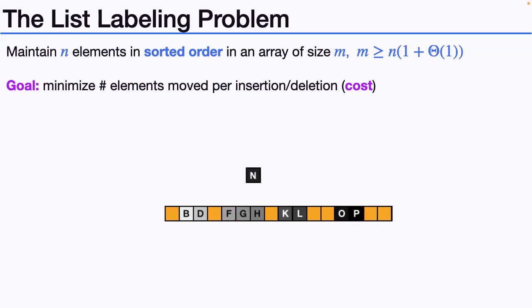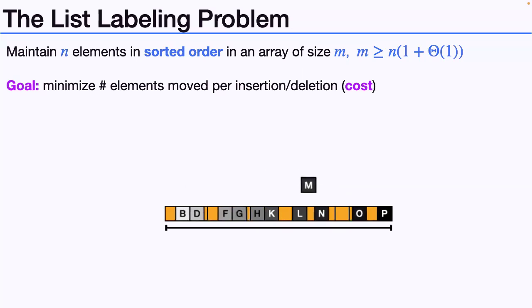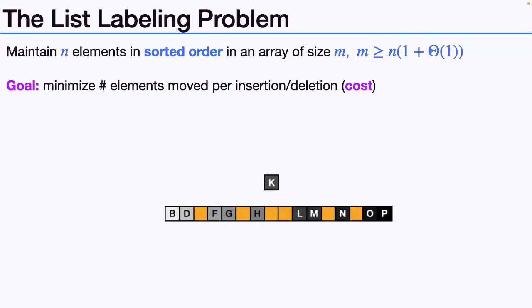Oh, I see. Yeah, exactly. Here we're just optimizing for the number of elements we're moving. Search costs, if our array is well packed, you could imagine we're doing some sort of binary search, but we're not concerned with that here. Any other questions?